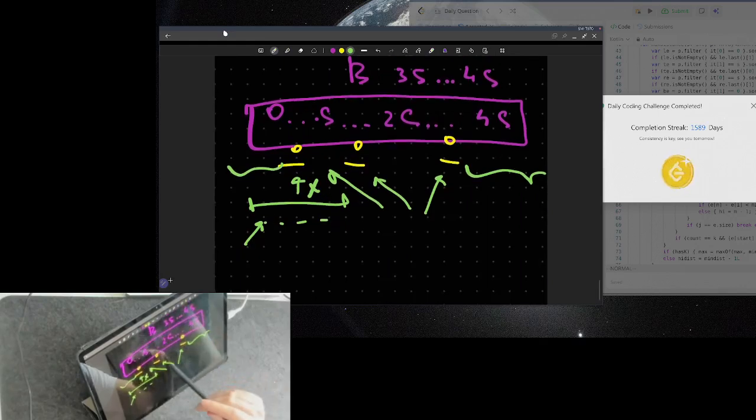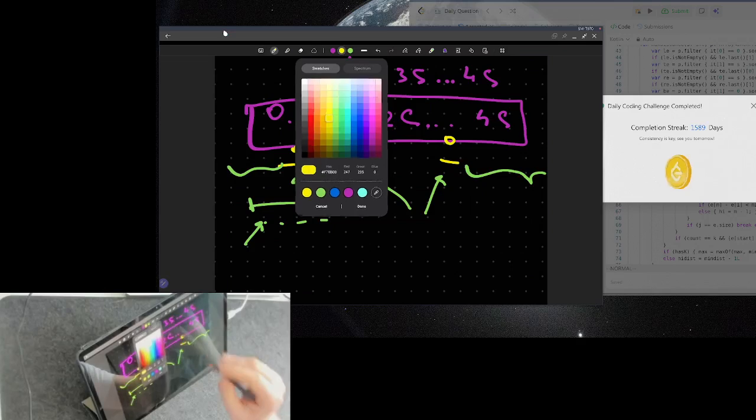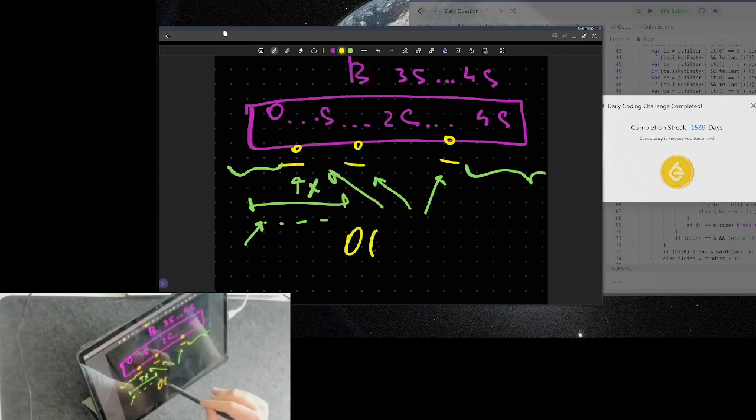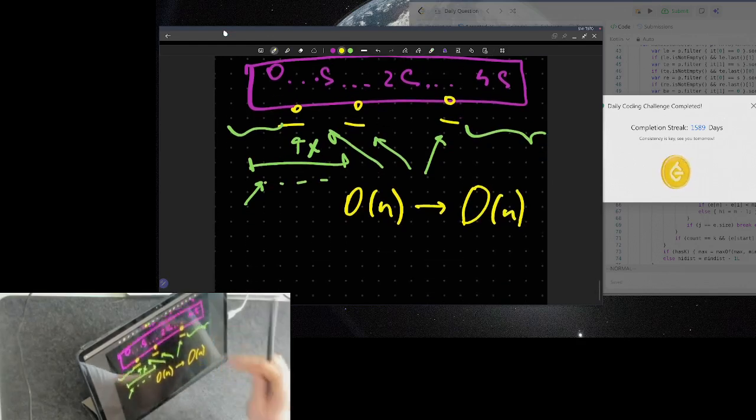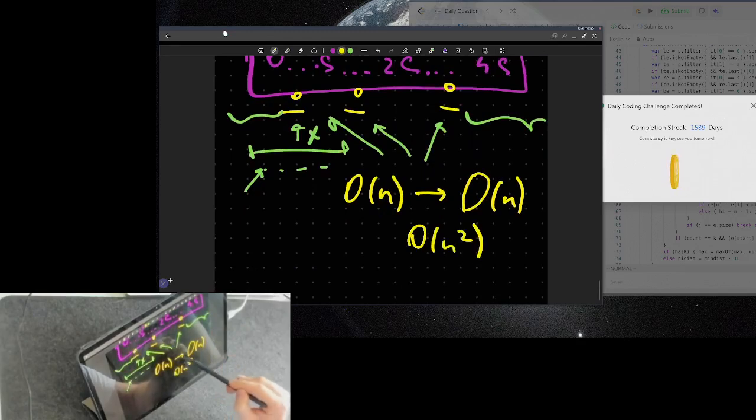But if you travel and just blindly check, that means you travel n points in O of n, and then inside you iterate over every point again, and this gives you O of n squared.